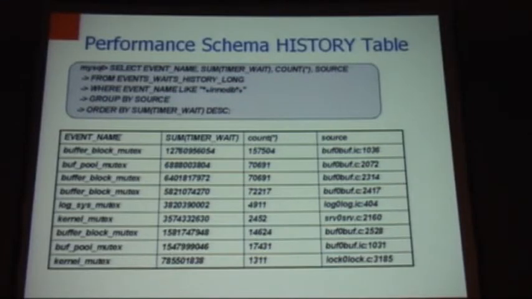You can just say truncate table events waits history long. Then you do a particular query and look at it, see what's happening there. And you can just do a group by and see which place is the hottest mutex in the whole query.